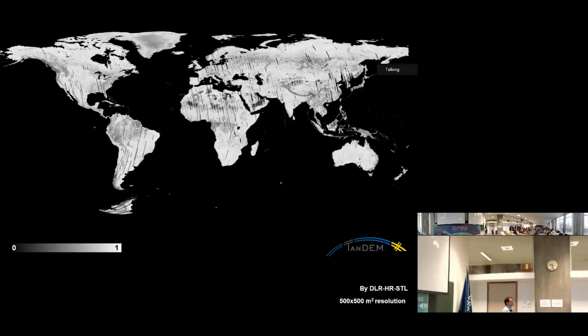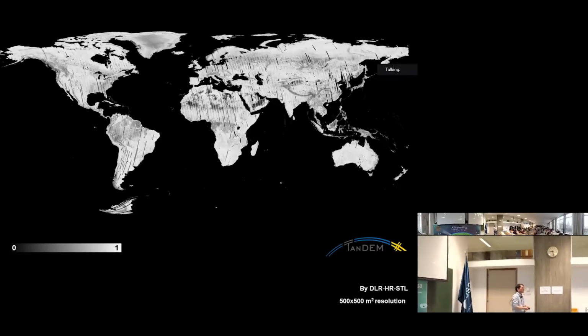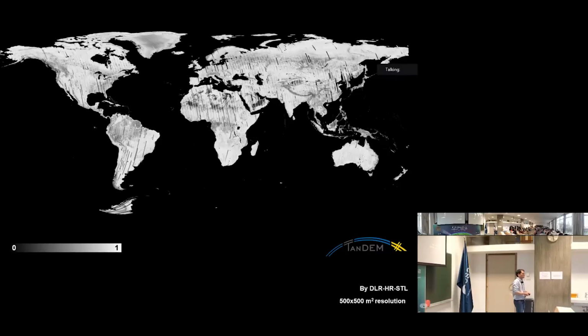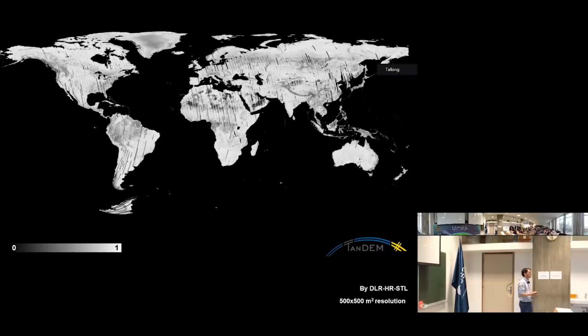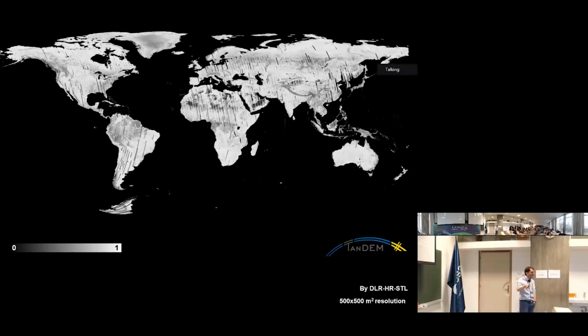This is just simple geography. Where does the coherence go down? The desert, but this is a different story, I'll tell you later. Somewhere else. Forest, someone says forest. Indeed, in the Amazon it's going down.